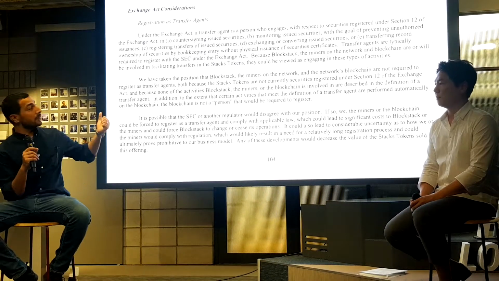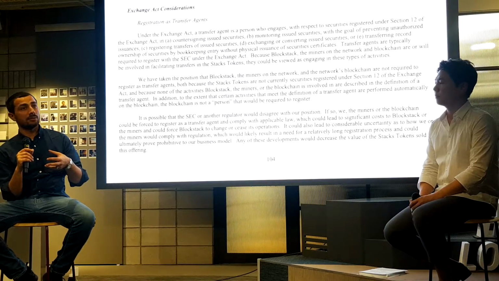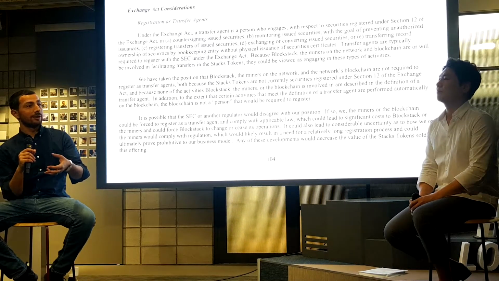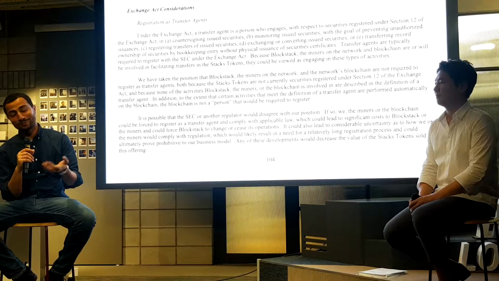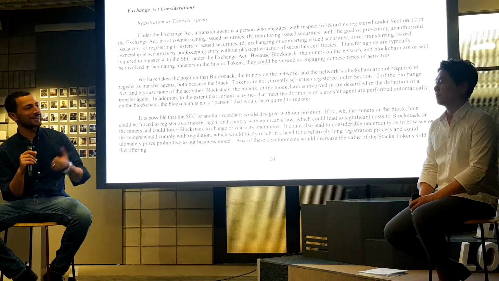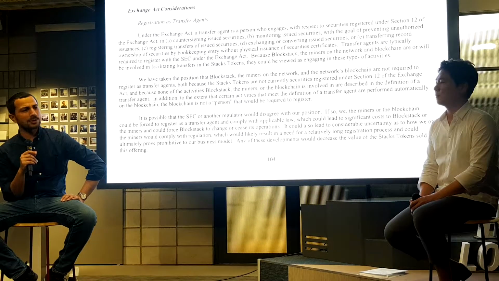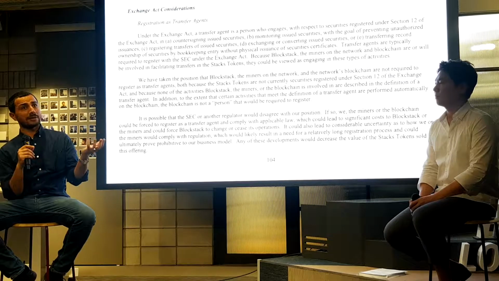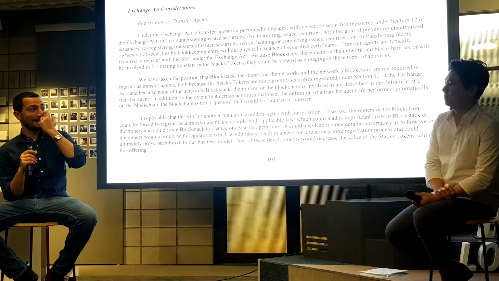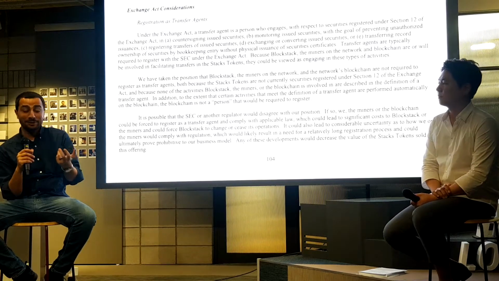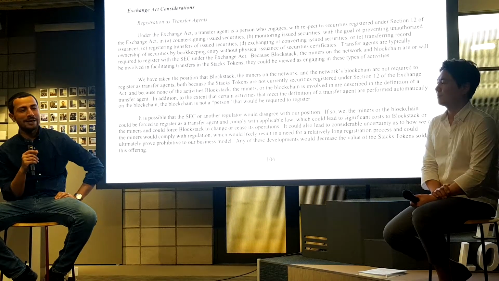So over here, we're trying to make the case that miners don't need to register as transfer agents, because people would not mine on our network if they had to register as transfer agents. Similarly, at some point we also make the case that the blockchain itself doesn't need to be a transfer agent. The blockchain is not an entity, and actually you cannot make the blockchain register as a transfer agent anywhere.